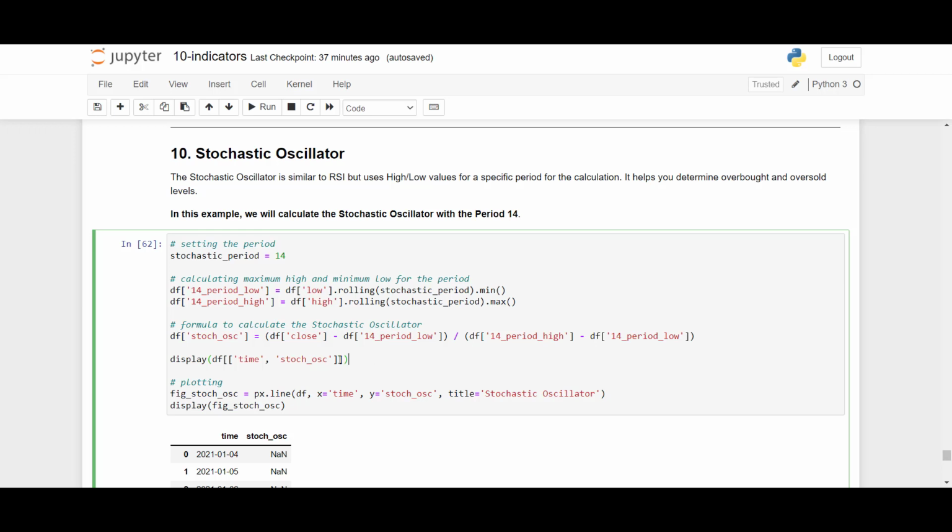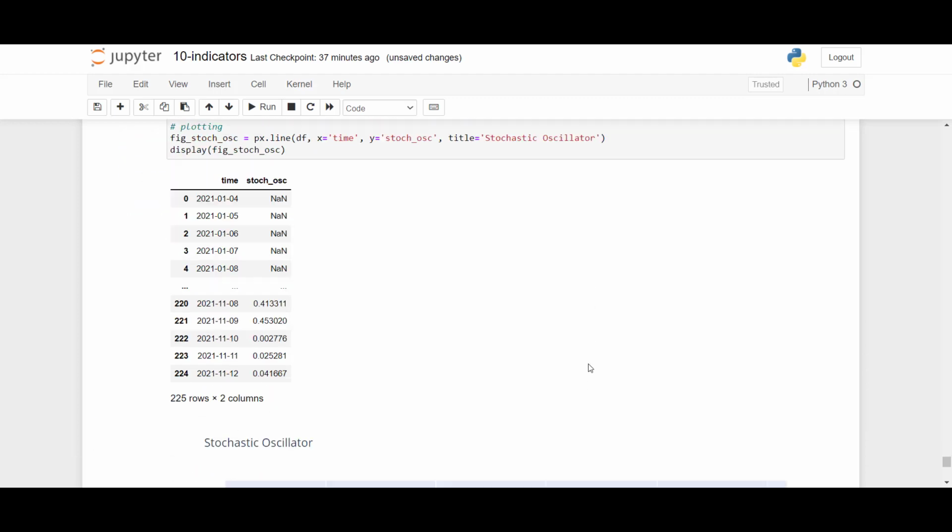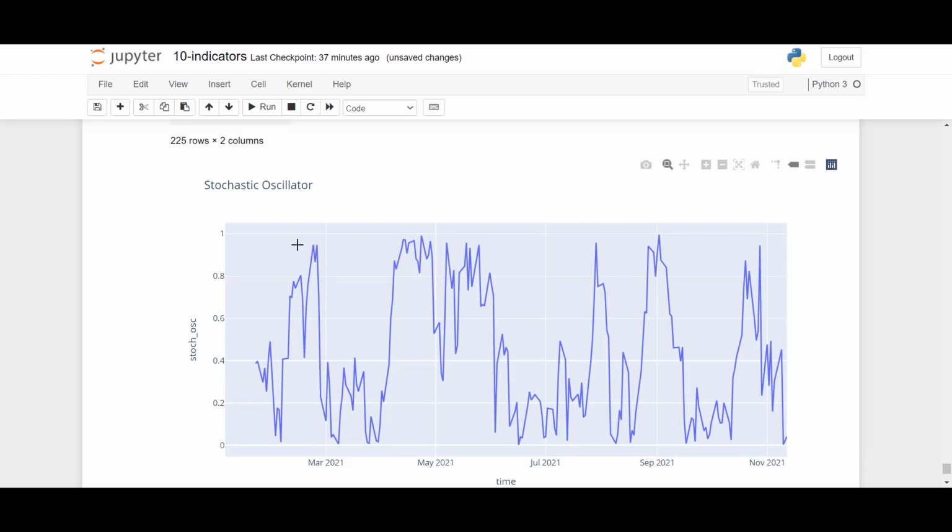By using this relation, we can then plot the stochastic oscillator, which will create this very nice oscillating curve that goes up and down. When the oscillator is low, we can consider it as oversold, and when it's high, it's overbought. So it has similar characteristics as the RSI, but there are also some slight differences, which we can compare in future videos.